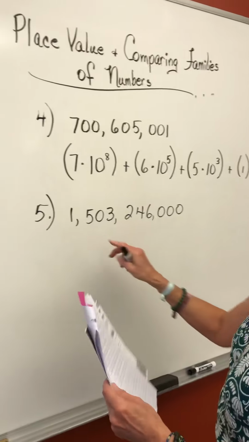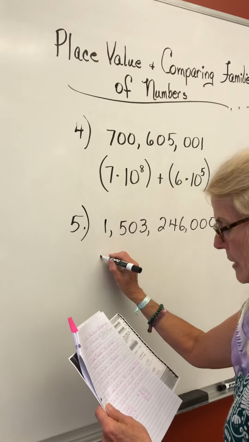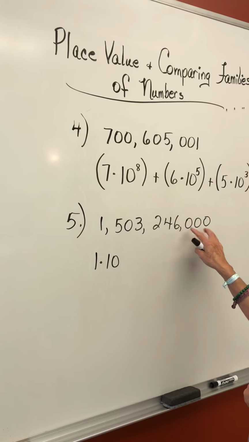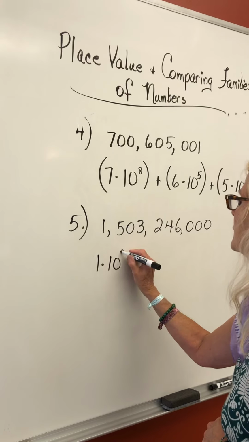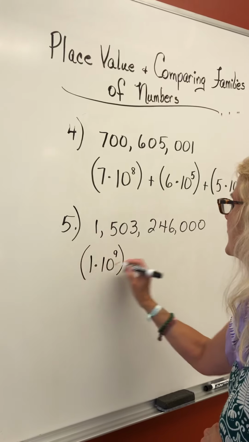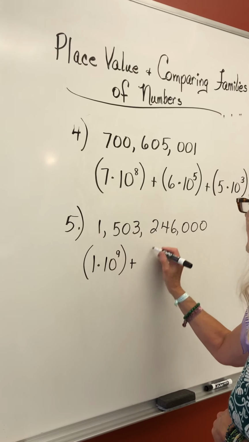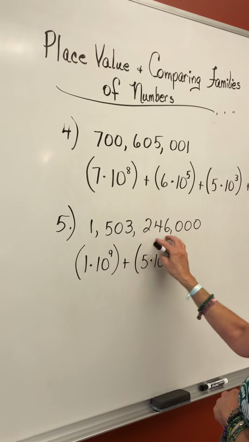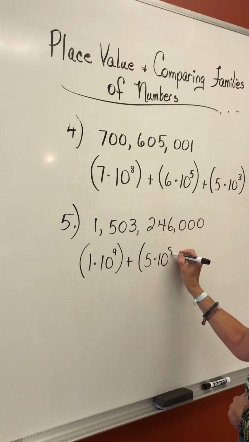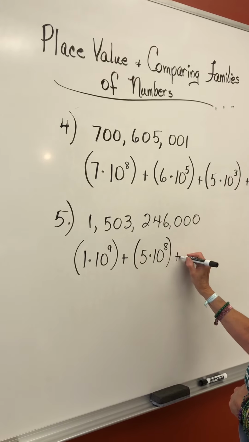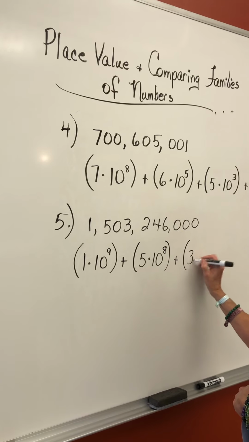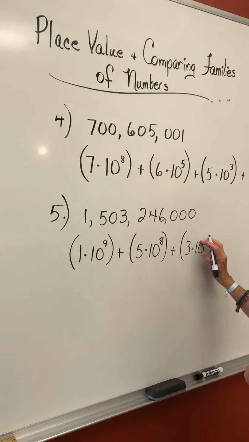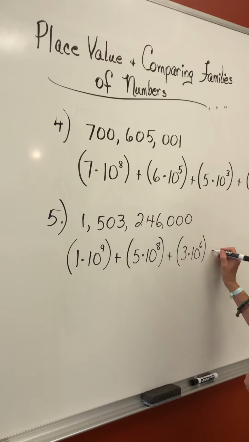So let's see, we have 1 here times 10, but how many zeros do we have in front of it? Well, we have 3, 6, 9. So put that in parentheses. Plus, we'll go to our 5 times 10, 3, 6, 7, 8. 8 places. Plus 3 times 10, which is 3, 6 to the 6th place, right?